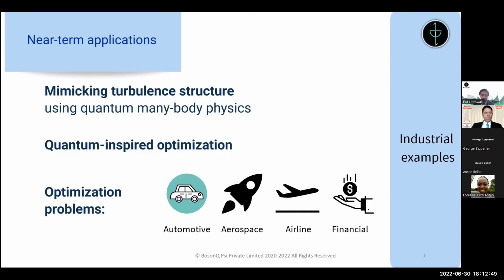This first example of mimicking turbulence structure is where researchers are trying to use quantum phenomena to replicate the randomness of the nature of turbulence. To give you a little background on what turbulence is, it's a very erratic, unpredictable nature usually in fluid flows, but it is also in other areas as well.